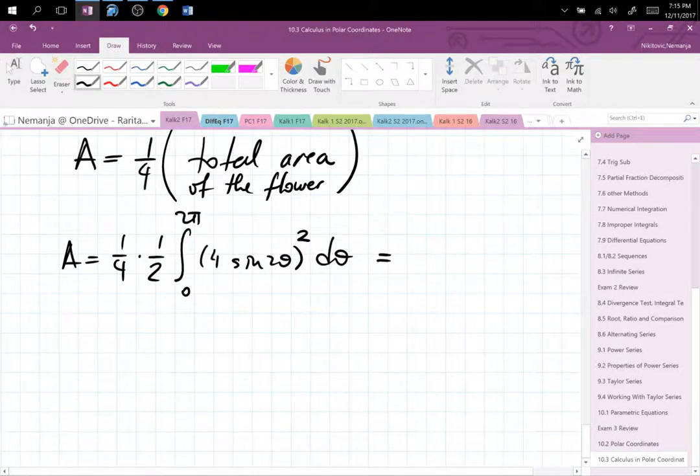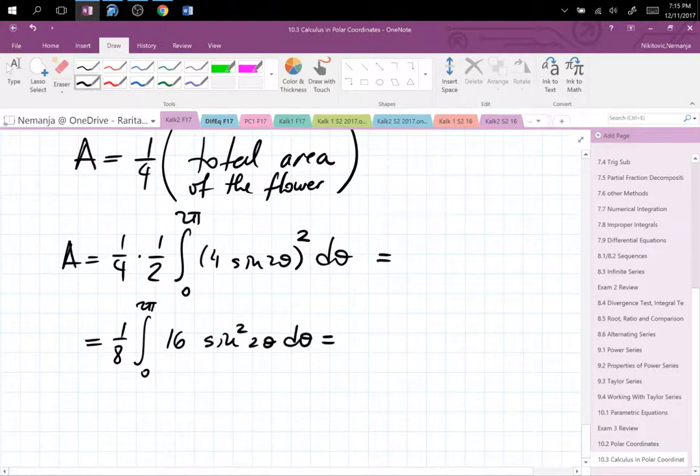We have 1/8 outside, and then integral 0 to 2 pi, and then we have 16 sine squared 2 theta d theta, and this is usually where hell breaks loose. How do we integrate sine squared? Exactly.